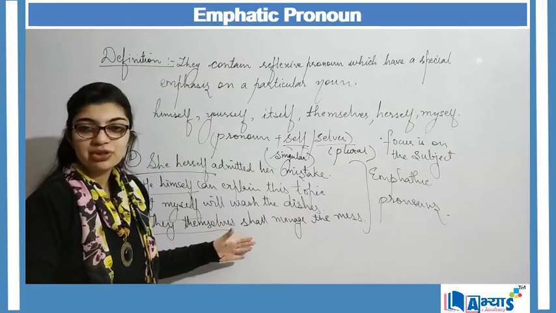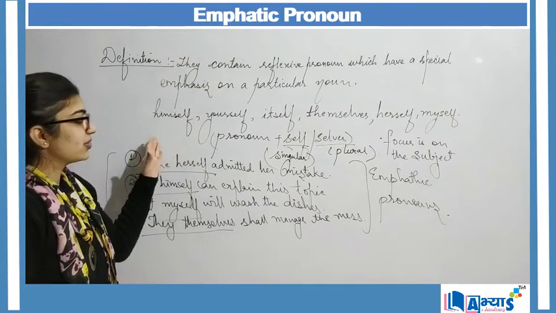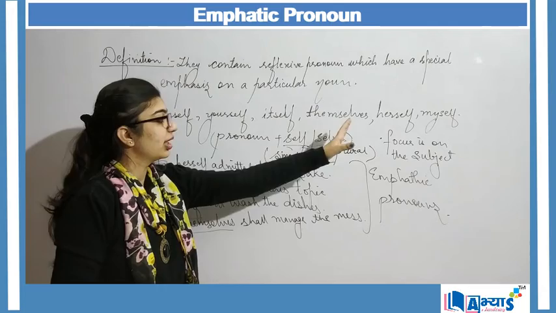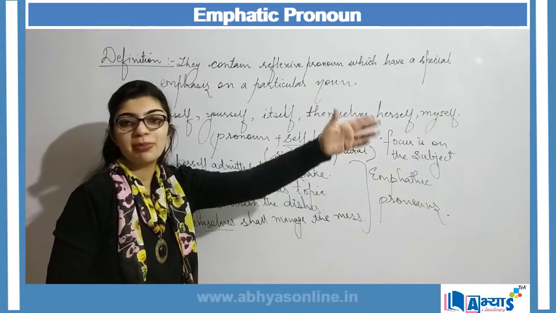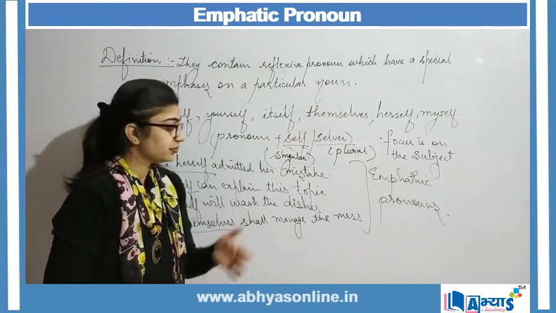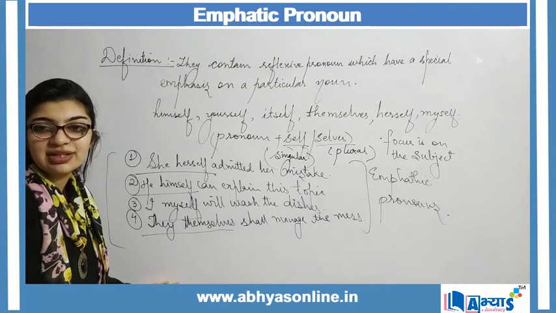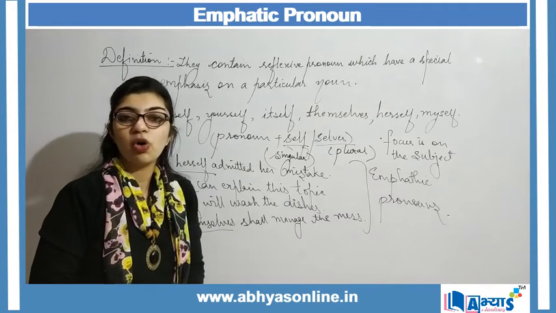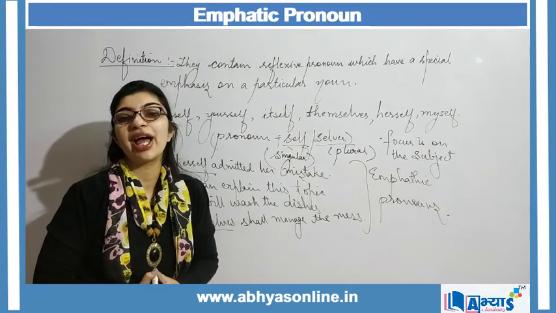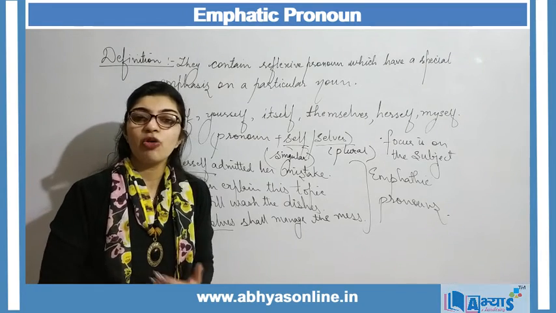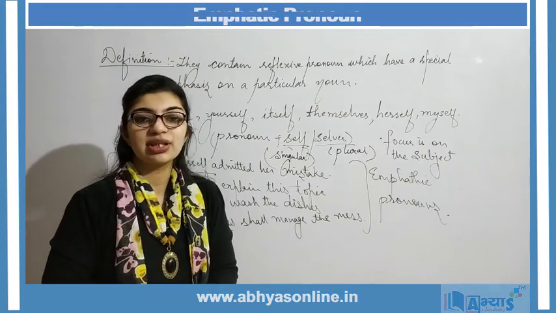Some examples of emphatic pronouns can be himself, yourself, itself, themselves, herself, myself, etc. Then we also implemented these pronouns in our sentences to get a clear view of what this type of pronoun actually is and how we can use emphatic pronouns in our sentences.